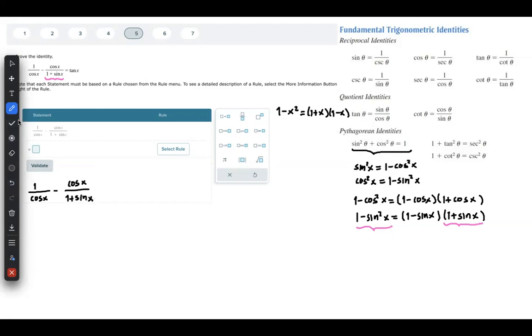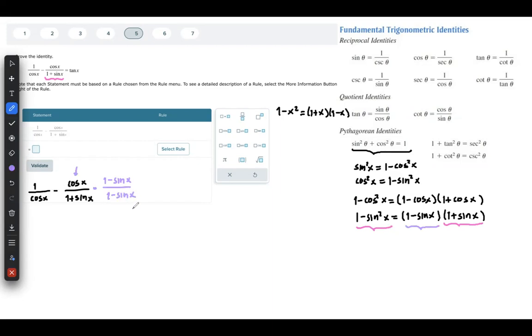If I'm already at that point, I'm going to push this fraction into becoming an identity. And how will I accomplish that? By multiplying by 1 minus sine of x. So I'm going to do 1 minus sine of x divided by 1 minus sine of x.